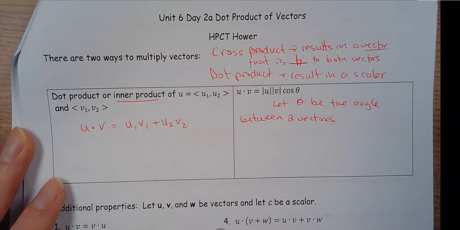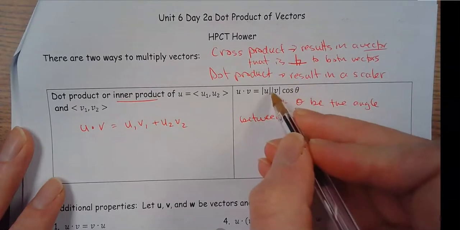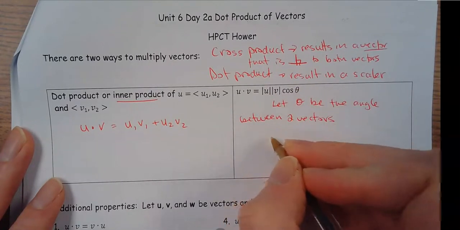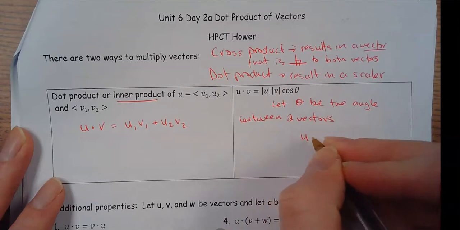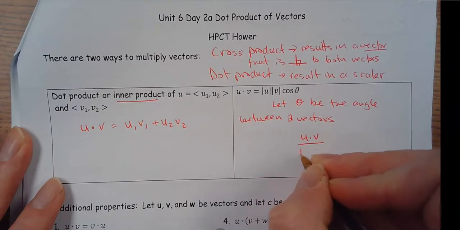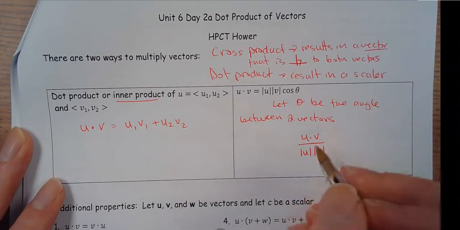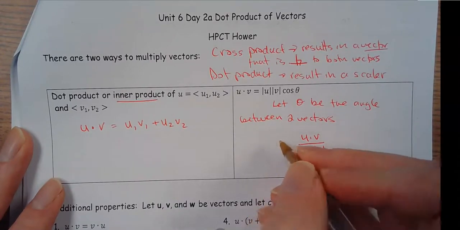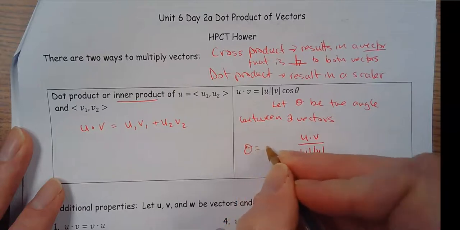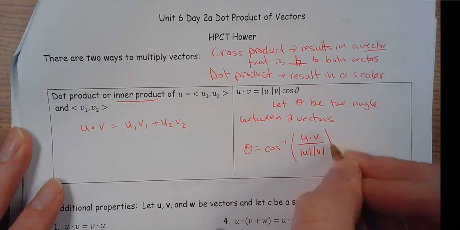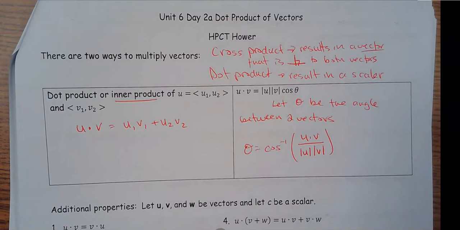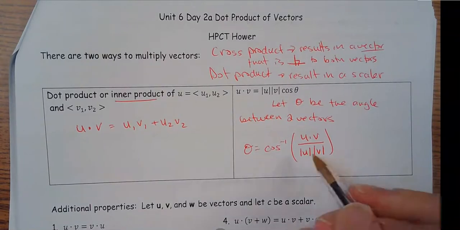If I really just want to find theta, let's get it by itself. I would divide the magnitudes over, so u dot v divided by the magnitude of u times the magnitude of v would equal cosine theta. Then if I took the inverse cosine of this, theta would be the inverse cosine of that. So if you want to find the angle between two vectors, plug it in here.